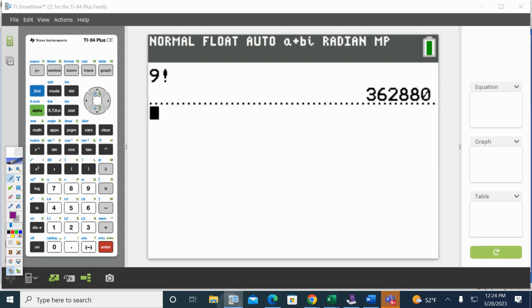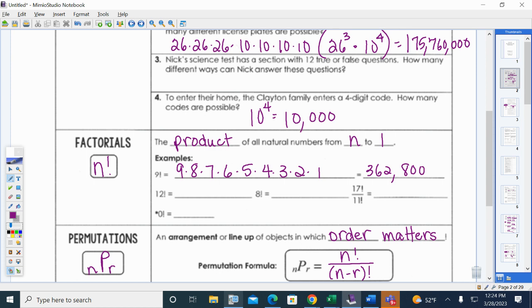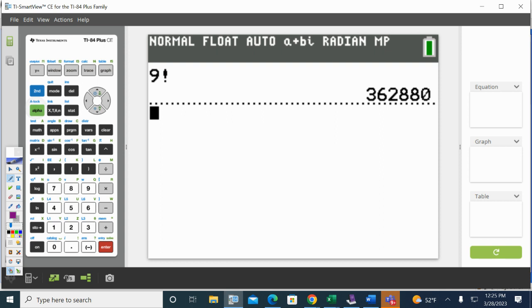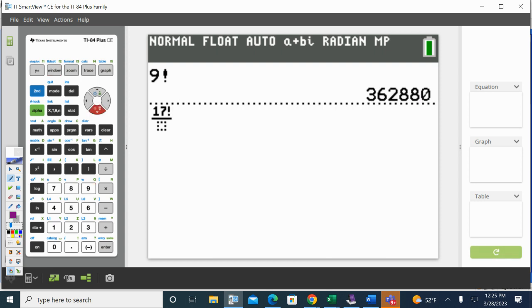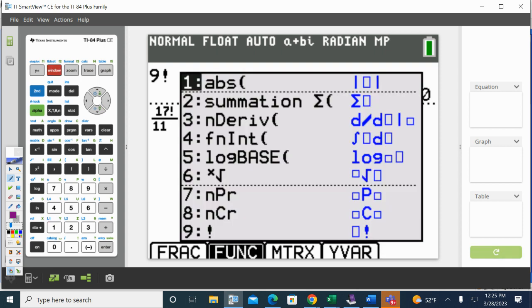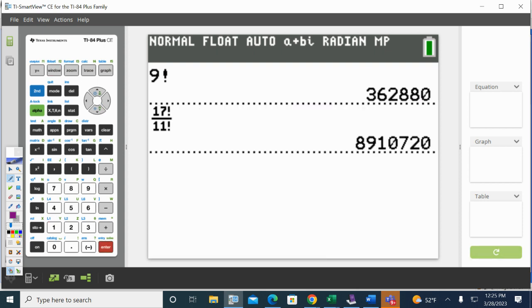If you've got one like this fraction, 17 factorial divided by 11 factorial, again, the calculator is going to do all of that for you. Just pull up a fraction, 17, alpha window, number 9, arrow down to the bottom, 11, alpha window, number 9, and the calculator is going to give us the answer of 8,910,720.